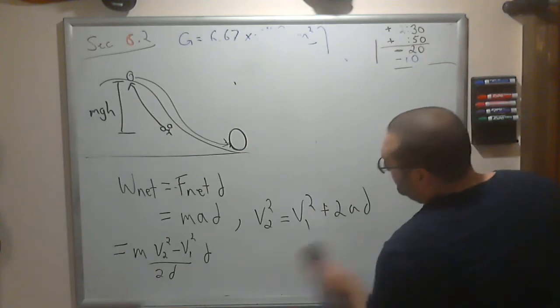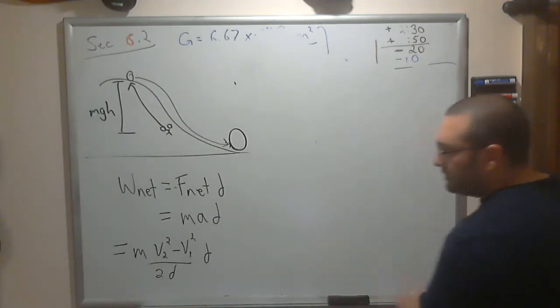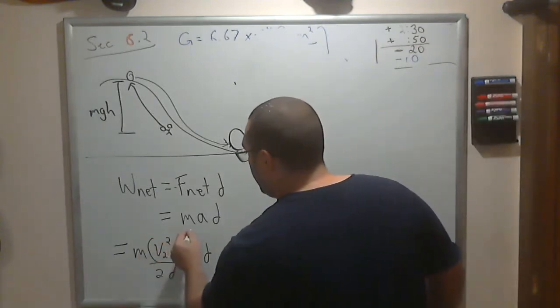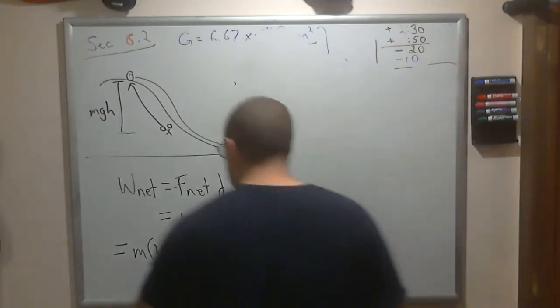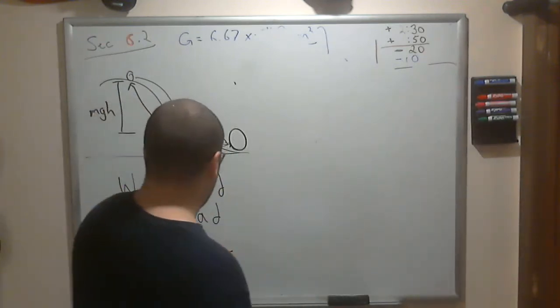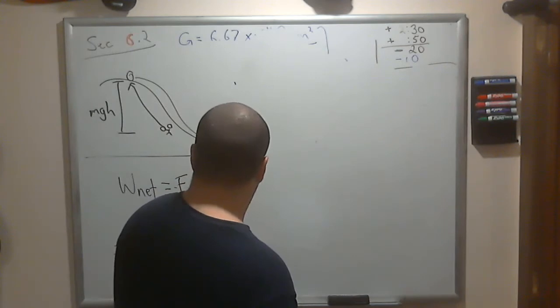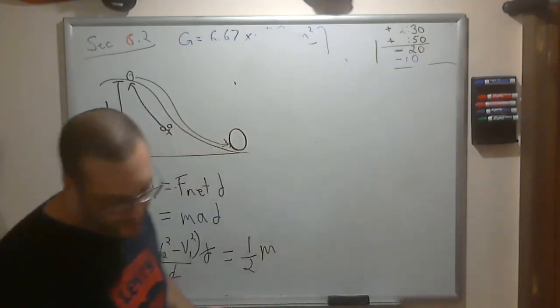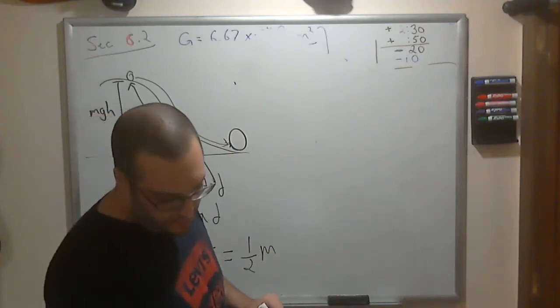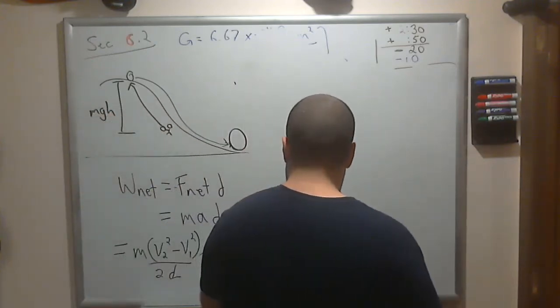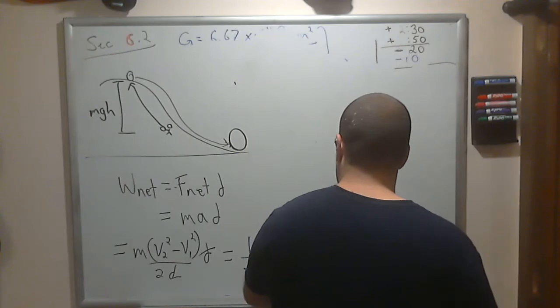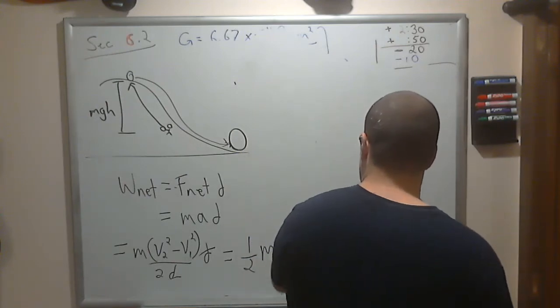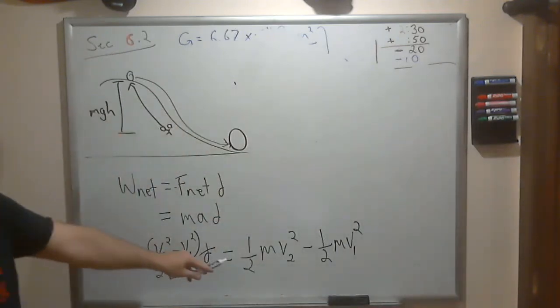Then let me just erase this, we don't need it any longer. All right, and we have this. The d's cancel out. We're left with one half m v2 squared minus one half m v1 squared. We end up with this formula.